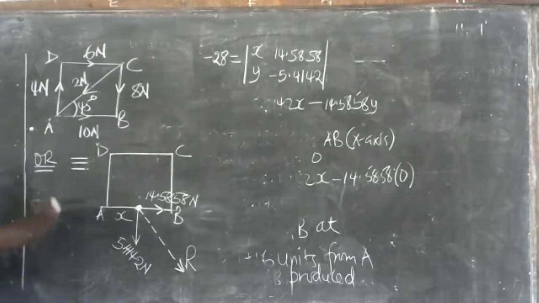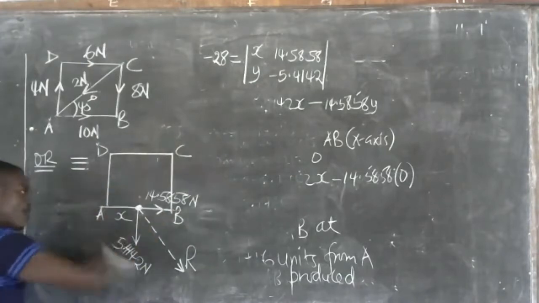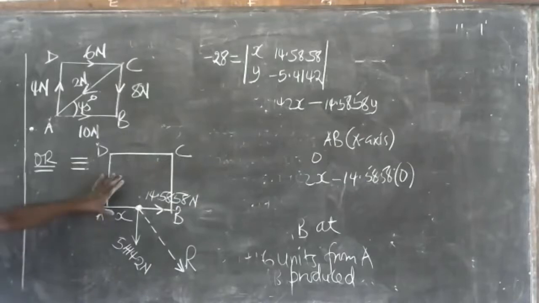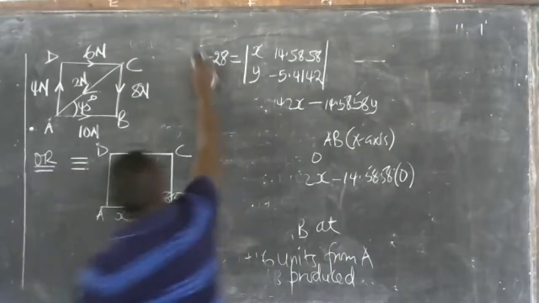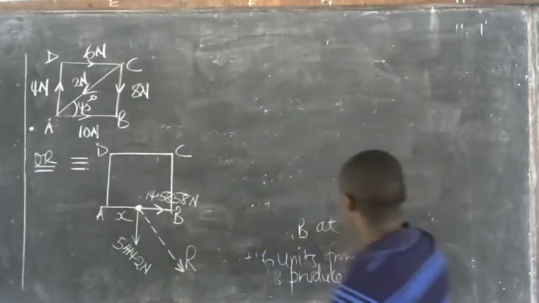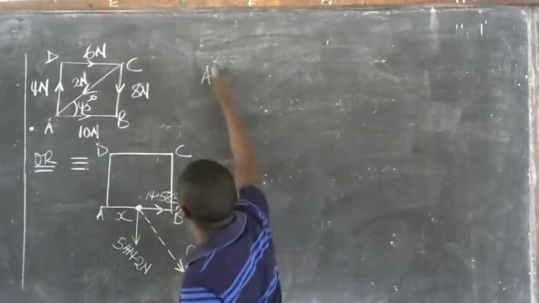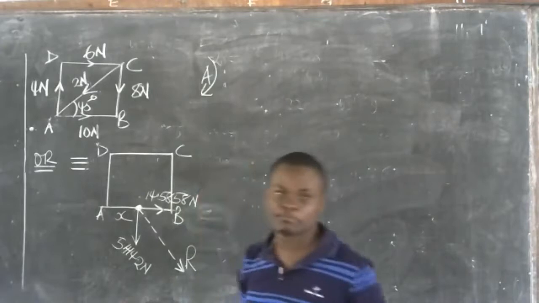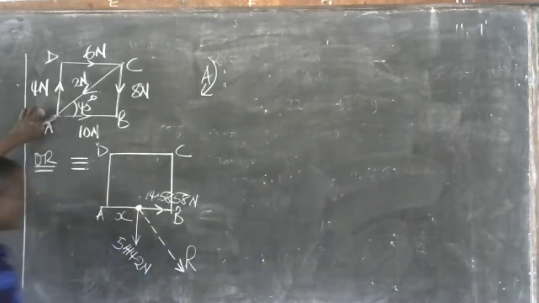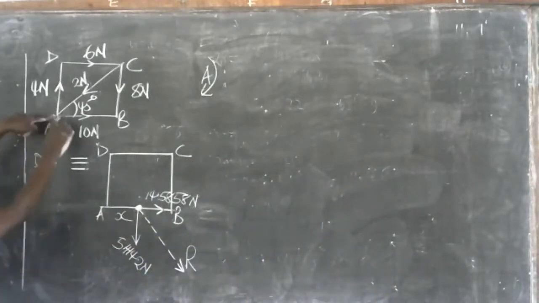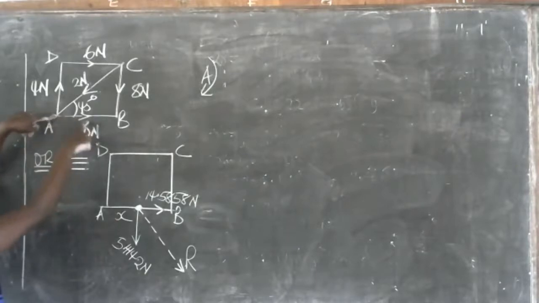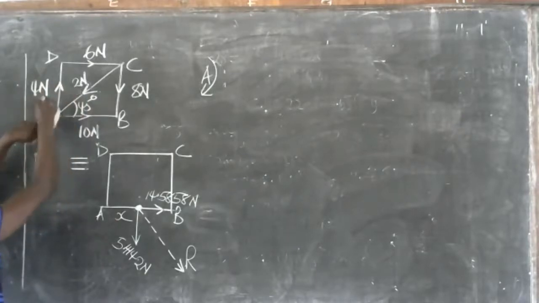So when you take moments about point A here, it will be the same as the sum of moments about point A in this diagram. As simple as that. It's not so different from the other method, because again we are taking moments about point A. In this diagram, there is no moment for 10, no moment for 2, no moment for 4.